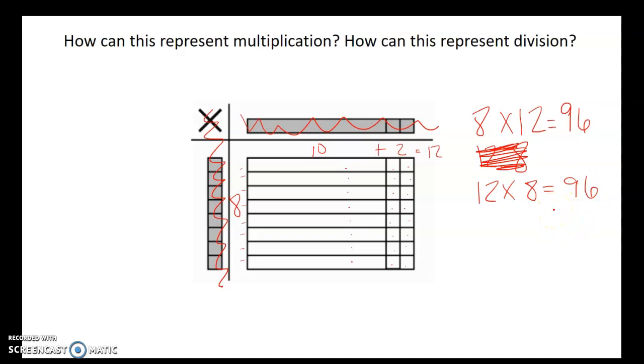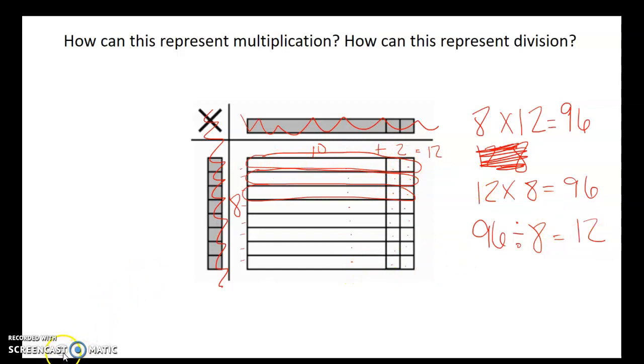Now, if I wanted to use this as division, if I wanted to pretend like I wasn't even figuring these all out yet, okay, I just wanted to divide, I could count my total first, that 96, and say, okay, if I have 96 and I want to split it into 8 groups, which is what these are, the 8 groups, 1 group, 2 groups, 3, like this, and go all the way down, then I would end up with 10, 11, 12 in each of my groups.